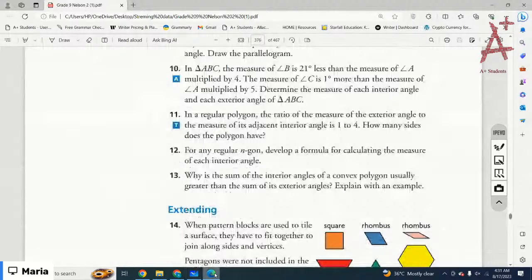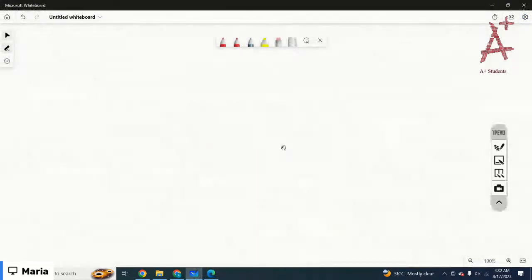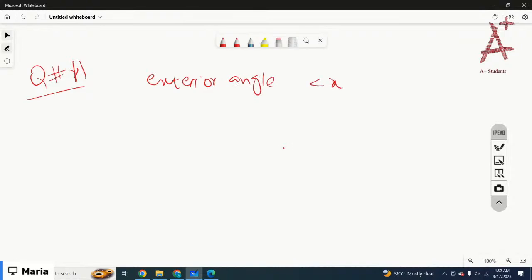Okay, 1 to 4. Let's suppose the exterior angle is angle x, right?